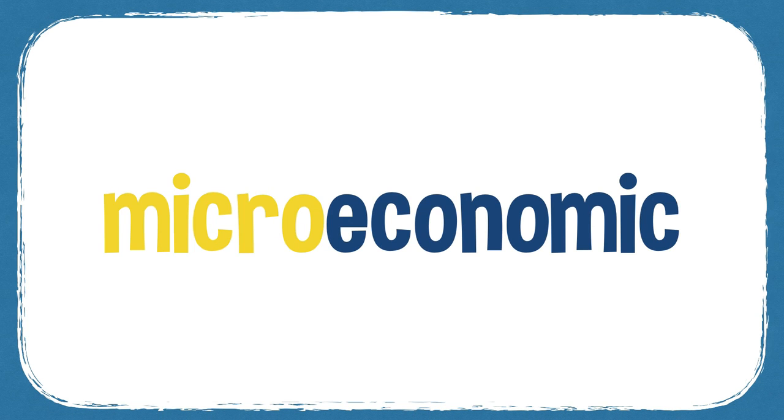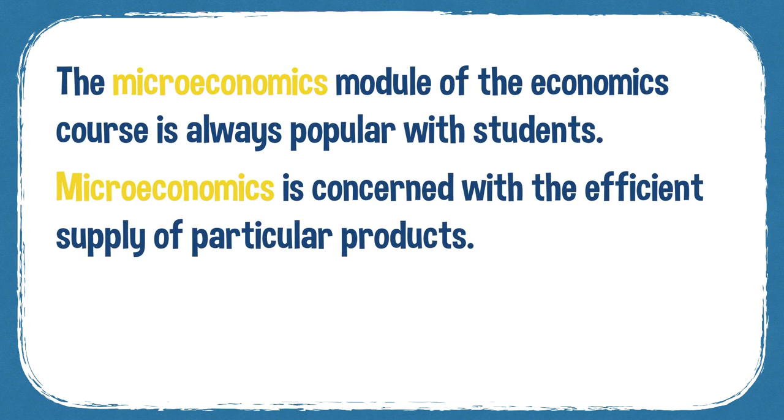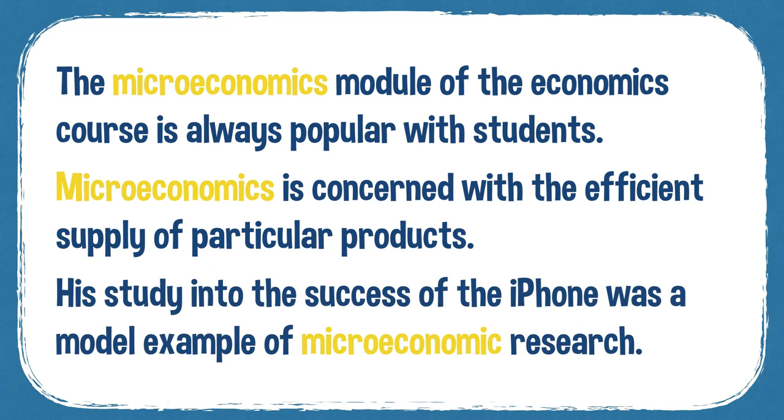Micro means small, so it's small economics, small scale economics. So the microeconomics module of the economics course is always popular with students. It's an interesting subject. Microeconomics is concerned with the efficient supply of particular products. His study into the success of the iPhone was a model example of microeconomic research.